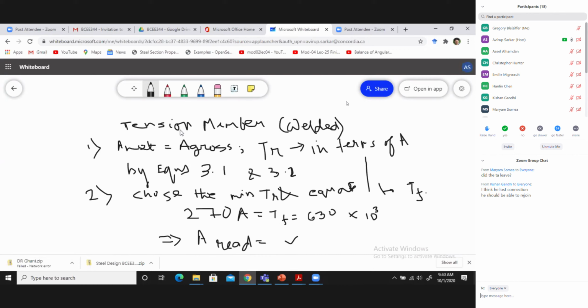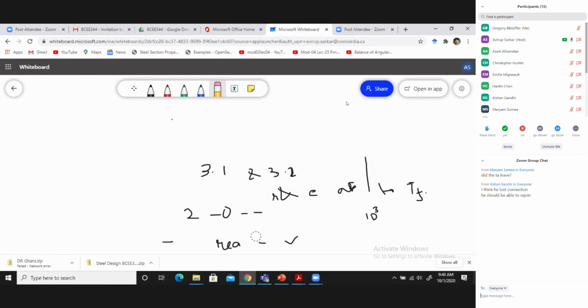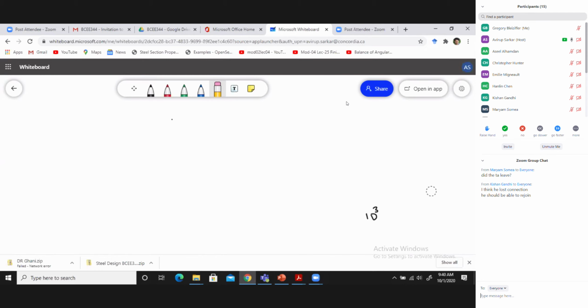After you get the A required, you go to the handbook and see what section will be appropriate. So the next step is basically the assumption of the section. You can choose one particular section as well. Like in this case they have chosen double sections, but you can simply choose one particular section. So the third step is basically the choice of section.